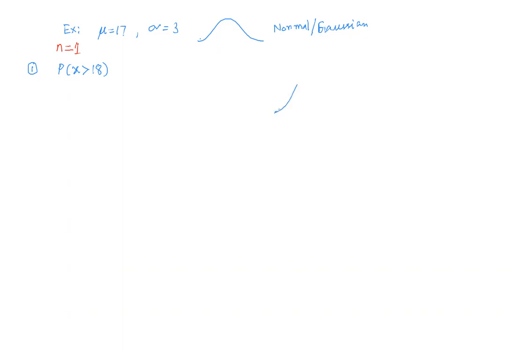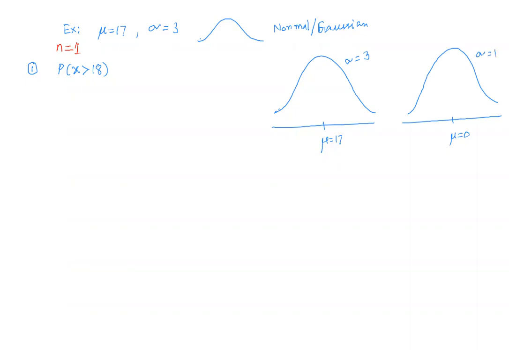So let's go ahead. This is mu equal to 17 and sigma equal to 3. And we will need this, so I'm just drawing it here: mu equal to 0 and sigma equal to 1.